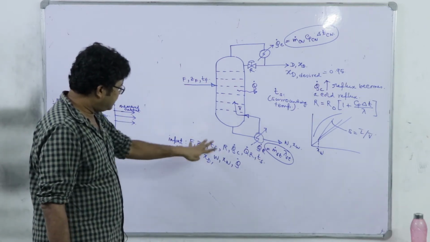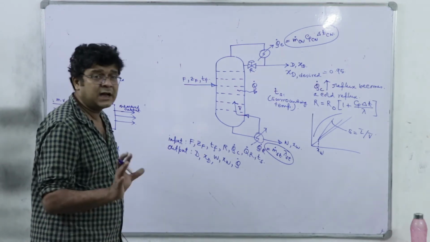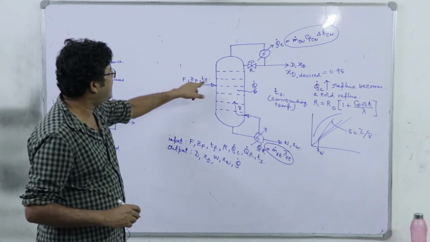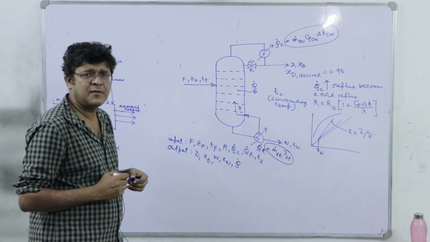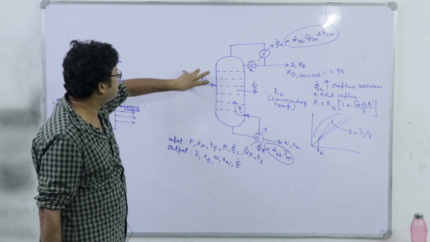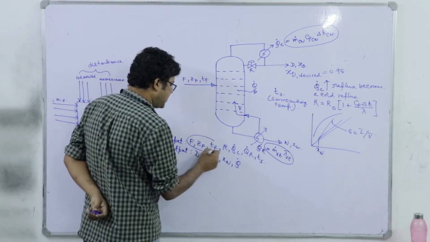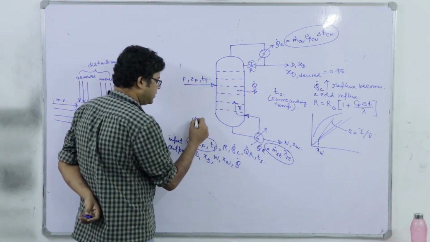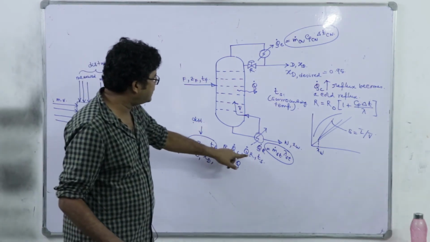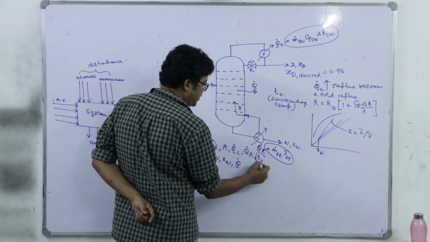Now, in this group of whatever we have listed as input, what are the disturbances? Definitely we can understand that F, ZF, TF are typically the disturbances, because over these variables we don't have any control. So these primarily we will list as disturbances. And definitely R, Q dot C, Q dot R, and TS is also a disturbance. Why?